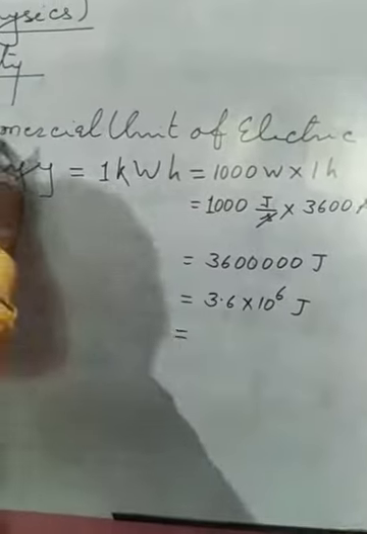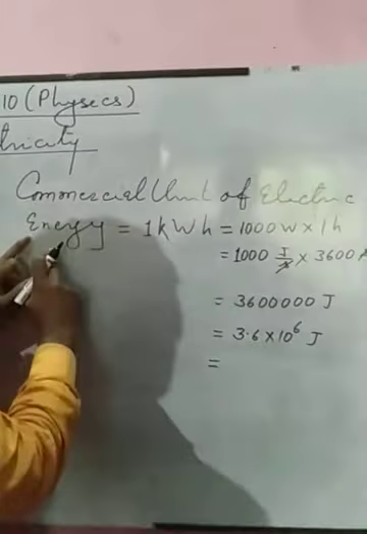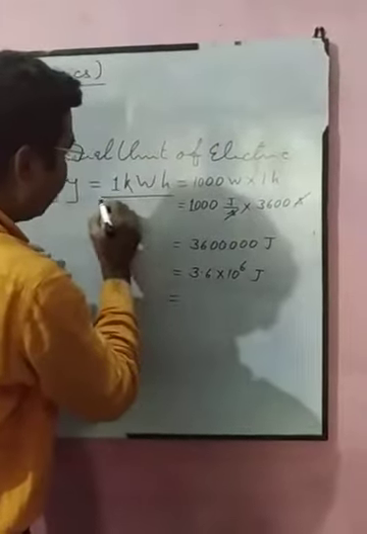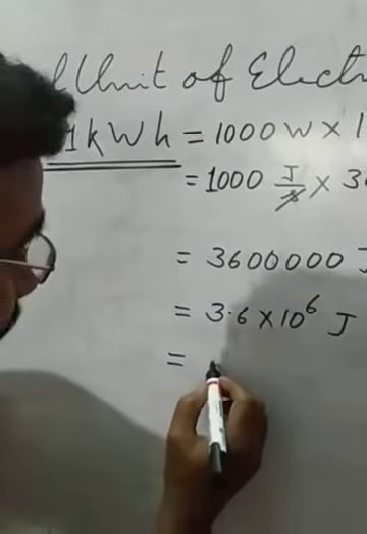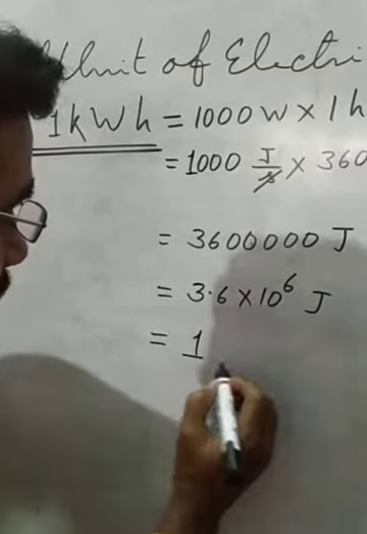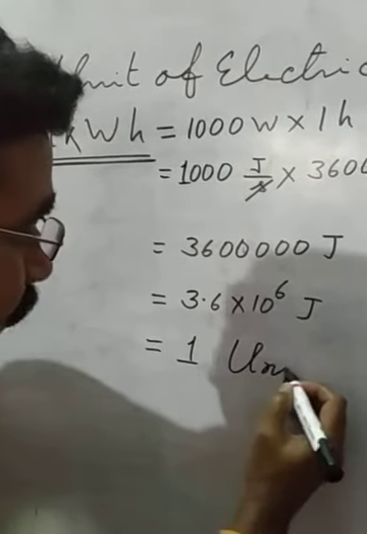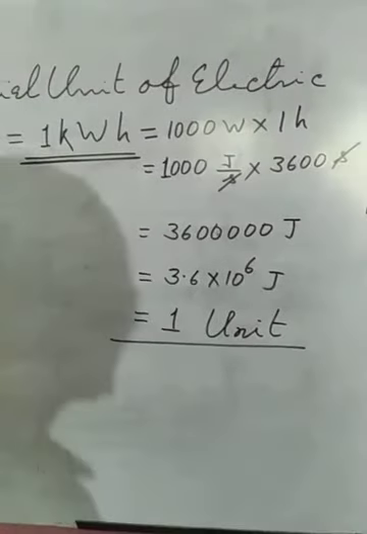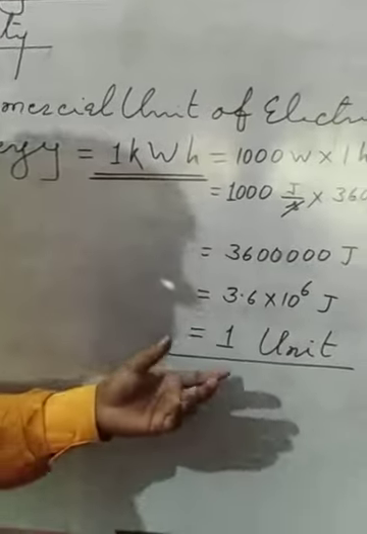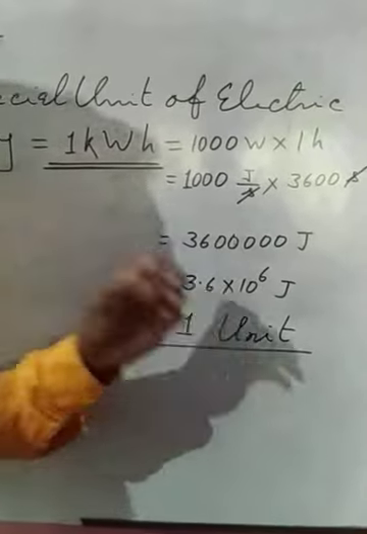This unit, the commercial unit of electric energy, is kilowatt hour. This is also known as, in our homes, a unit. This is equal to 1 unit. In our electric boards, the electrical energy consumed is denoted by units.